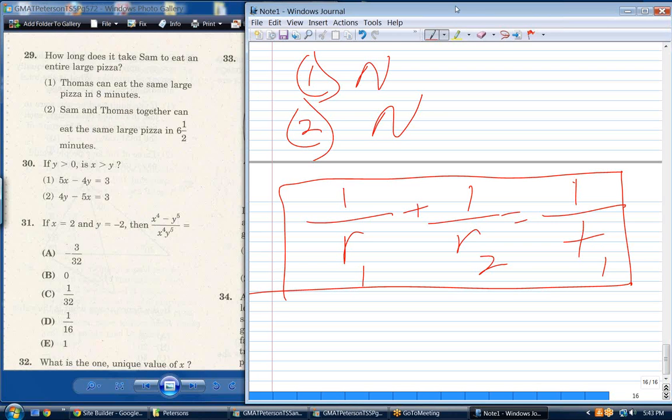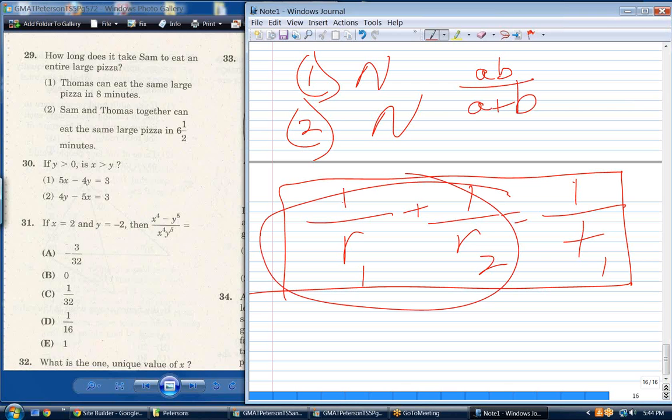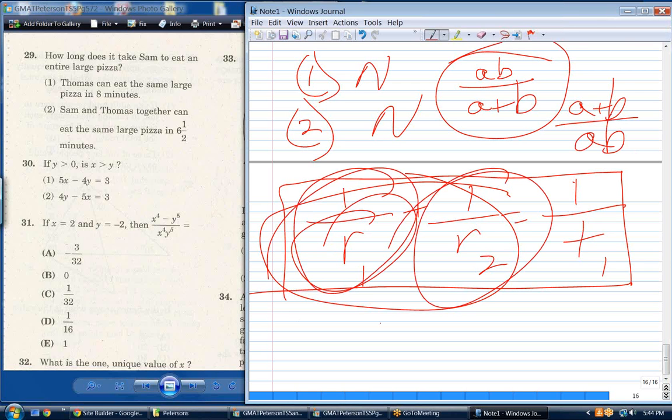I just wanted to ask about the other formula they gave us when it's combined work for 2 workers, which is AB divided by A plus B. That's the sum of those two, 1 over R plus 1 over R. If you find a common denominator, oh no it isn't, excuse me, it's the inverse of that. We would end up with A plus B over AB, but we're looking at the reciprocals here, so that's why you end up with AB over A plus B.